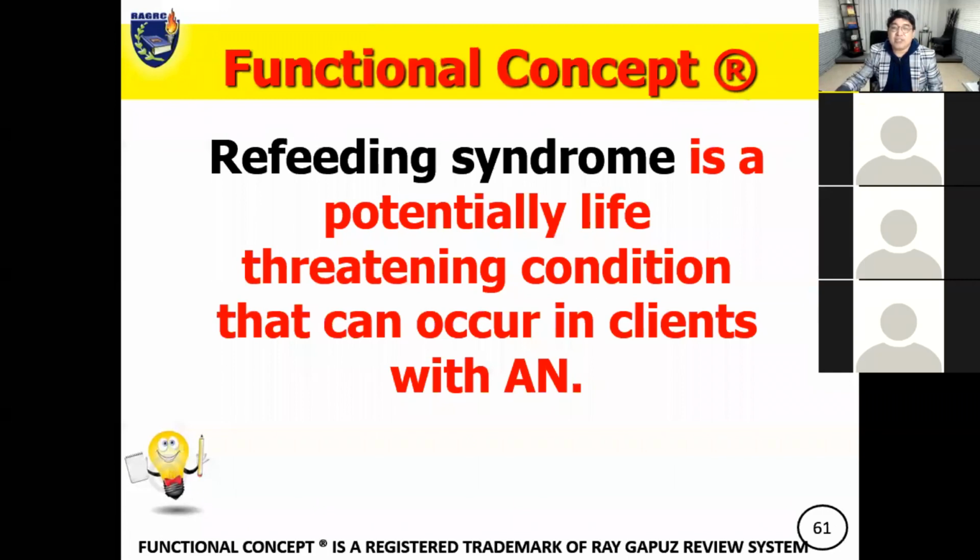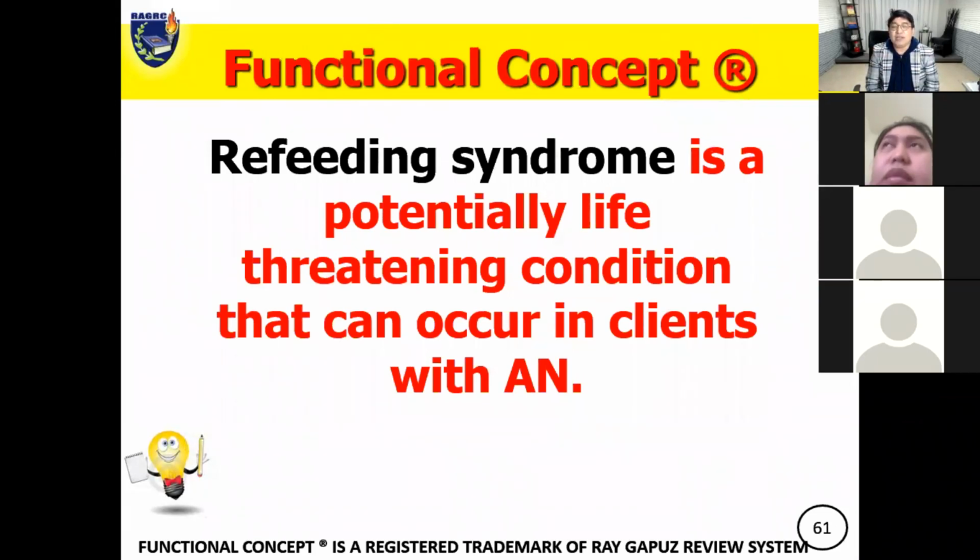What is refeeding syndrome? This occurs when patients who have been malnourished and starving for the longest period of time all of a sudden are given food. Okay, so what happens? There's going to be a shift in terms of the fluids and electrolytes.